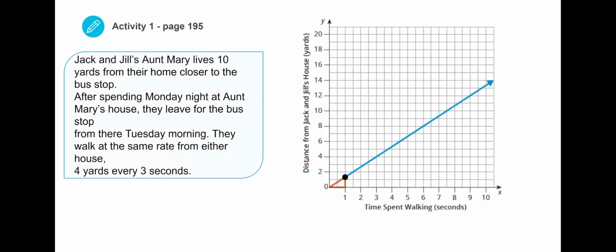Okay, I want you to think back to Jack and Jill. Remember, Jack and Jill traveled on this path, and this point right here is Jack and Jill's house. And remember, because we are starting at 0 and our line is going up at a constant rate, we have a proportional relationship here, right?